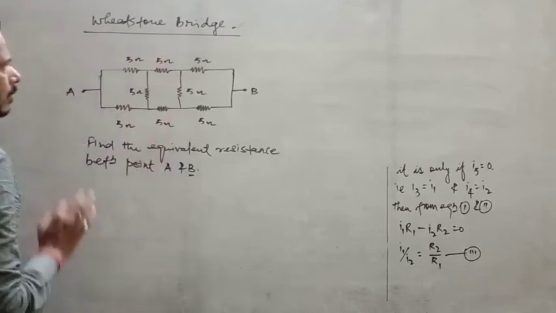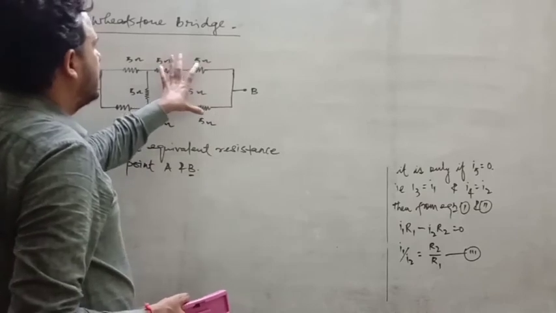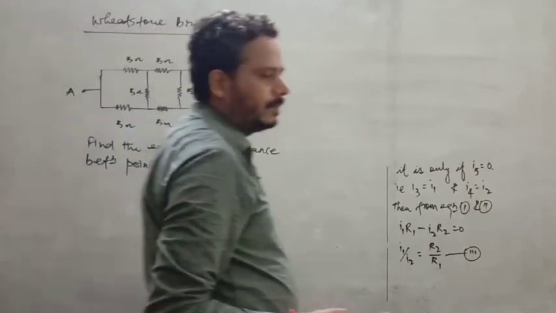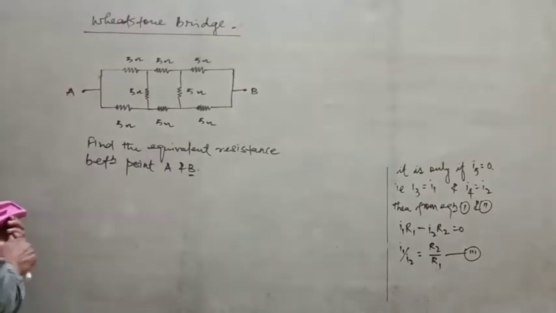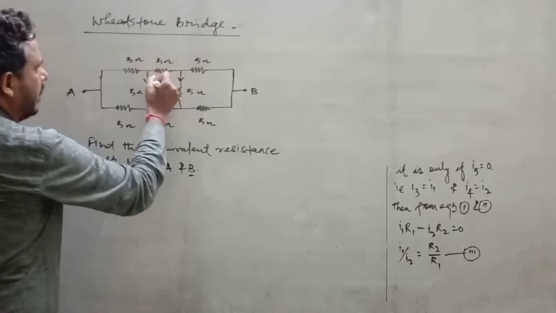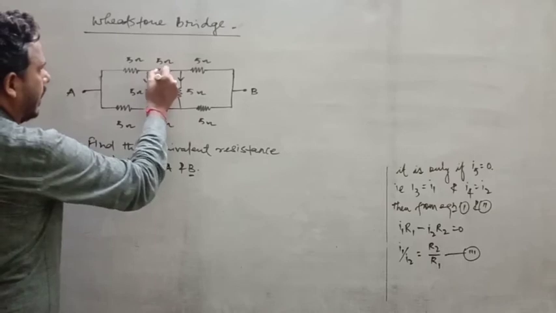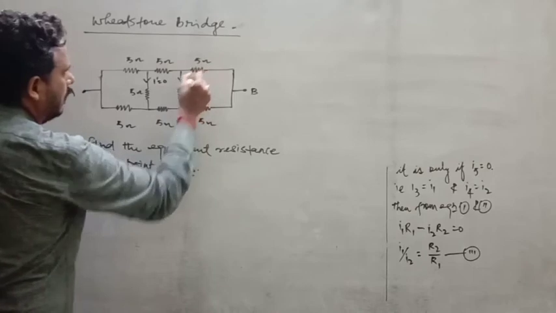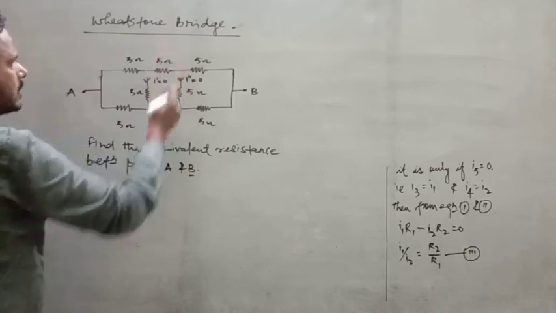Now if you put your hand here, again 2 resistances here and 2 resistances here, current will not flow through there. That means current will not flow through this arm. Suppose any current there, I dash, I double dash, is equal to 0. That means you have to remove this arm because current is not flowing.